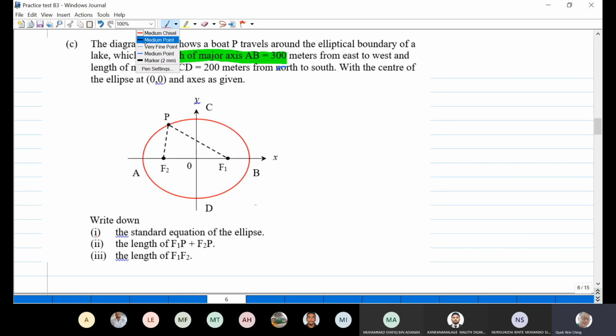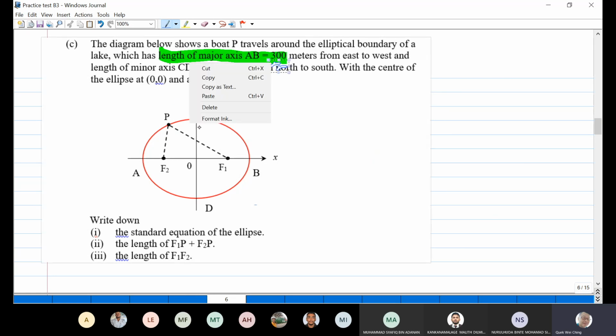F1P is actually from here to here. Okay, F1P and F2P is this one.